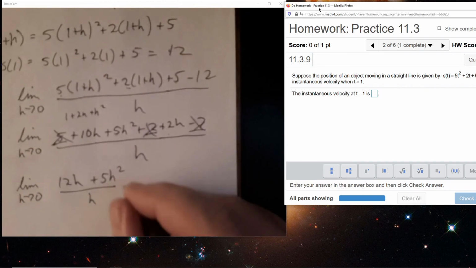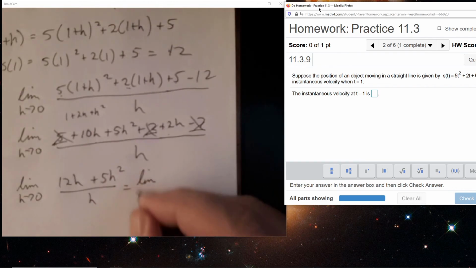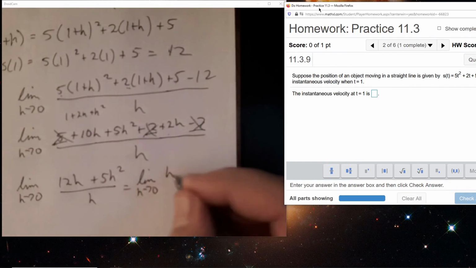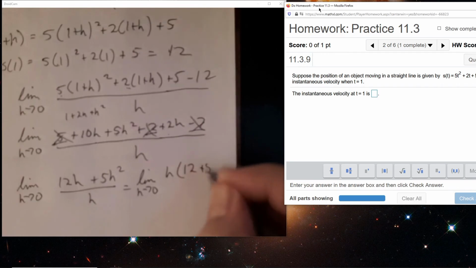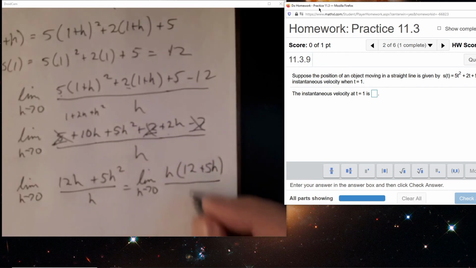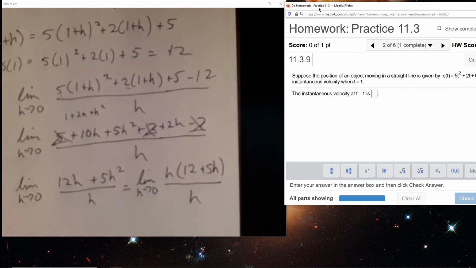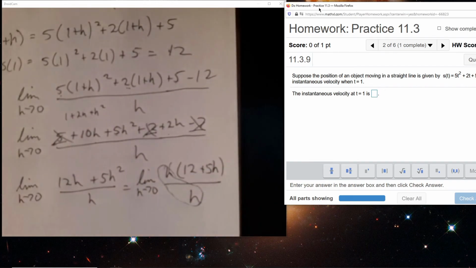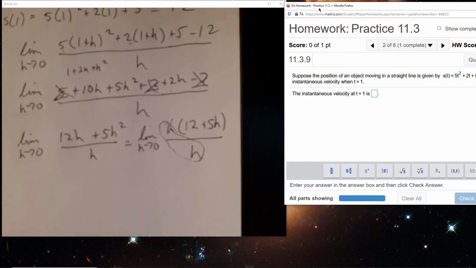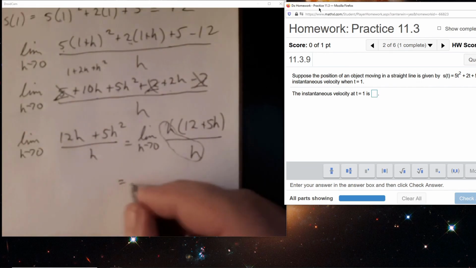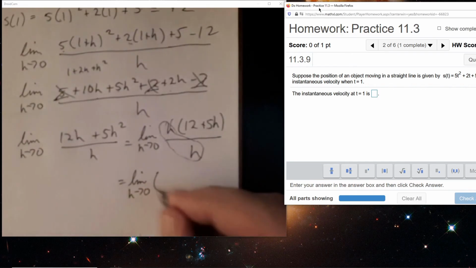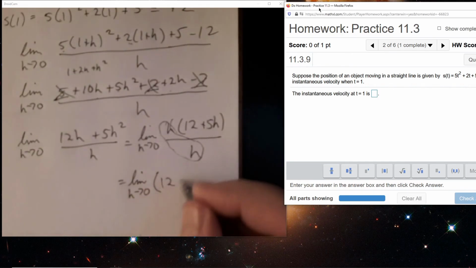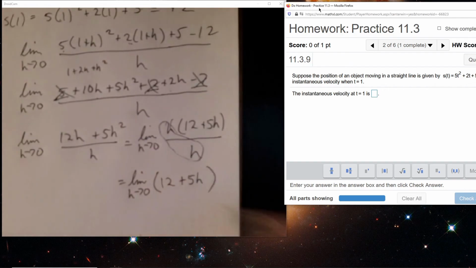Now, because we can factor an h out of the numerator, that means we can now get rid of the h in the denominator, because now these will divide out. And so we're left then with the limit that we have to solve of being 12 plus 5h.